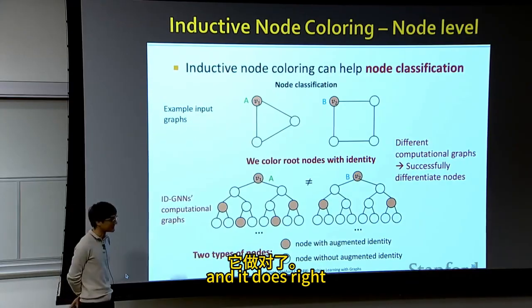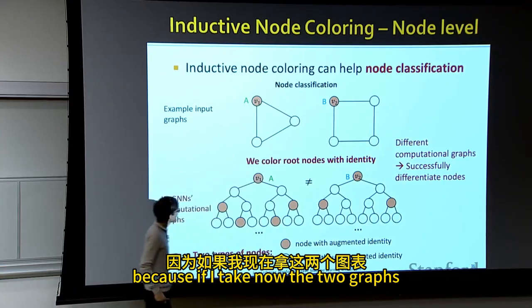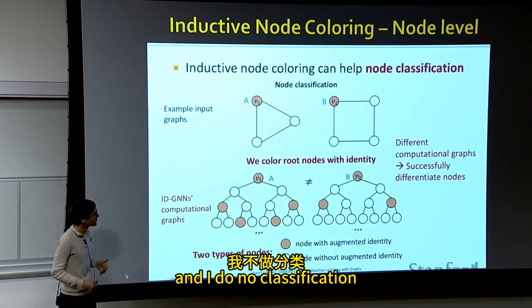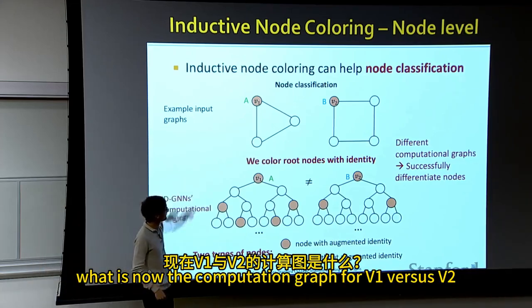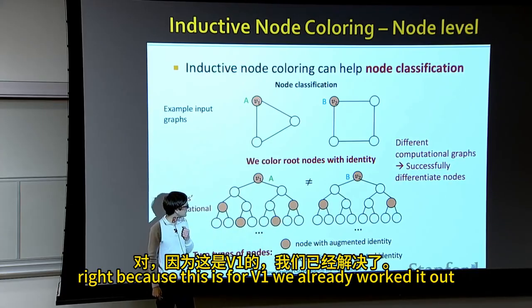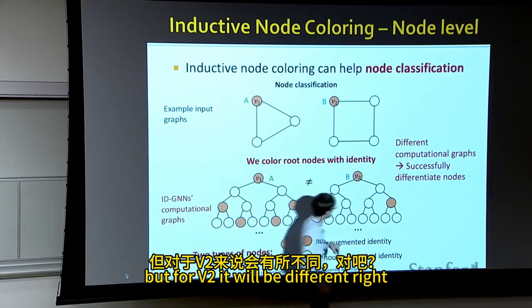And it does, right? Because if I take now the two graphs, the triangle and a square, and I do node classification, and I say, okay, what is now the computation graph for V1 versus V2? It will actually be different, right? Because this is for V1, we already worked it out, but for V2, it will be different.